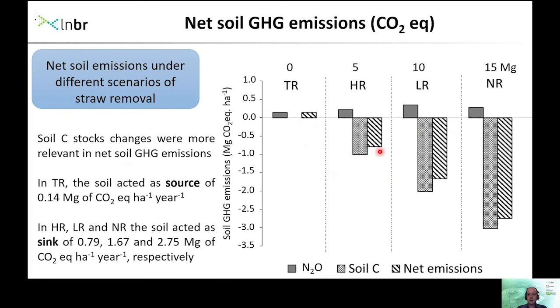In the other scenarios, where at least part of the straw was maintained on the field, the soil acts as a sink, especially because of the accumulation of carbon associated with the maintenance of the straw on the field. Here we can see the bars associated with soil carbon storage, and here the net emissions.